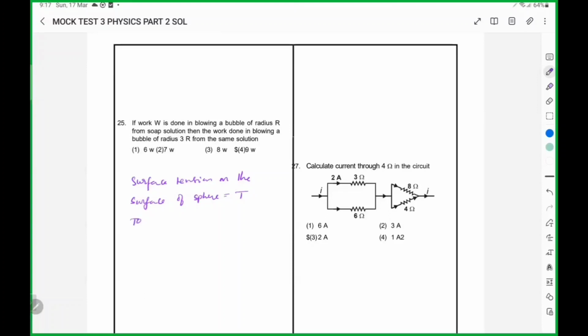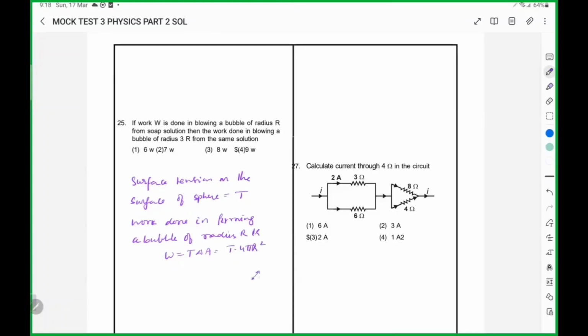So work done in forming a bubble of radius r is T into 4 pi r square.